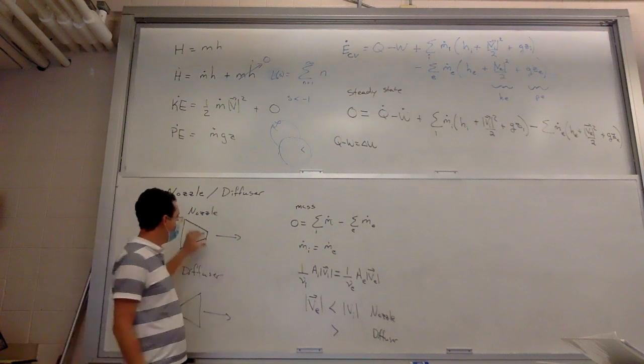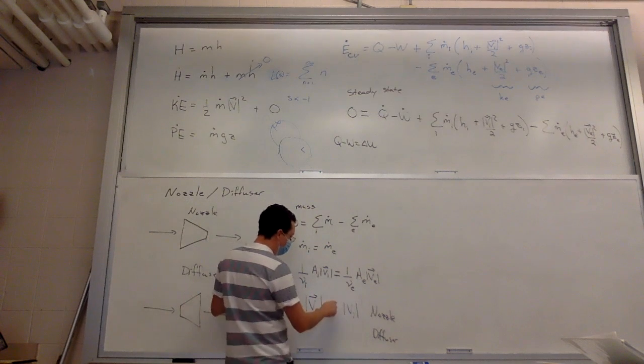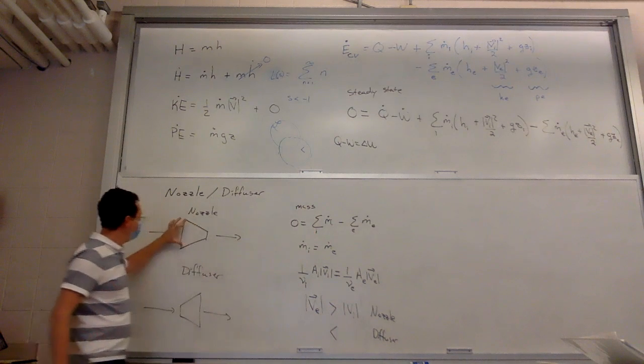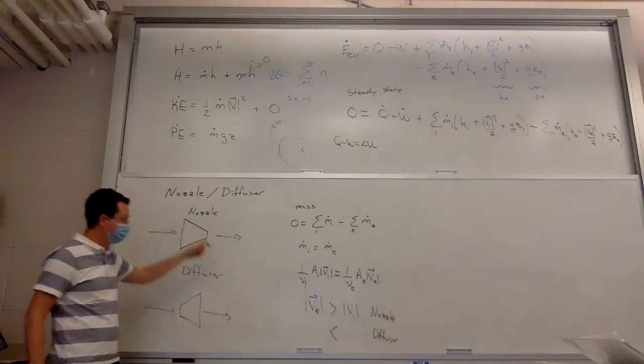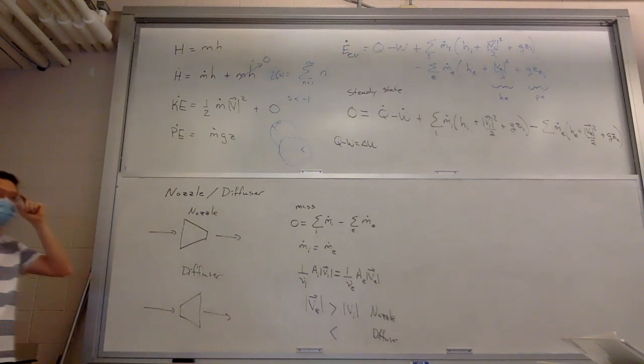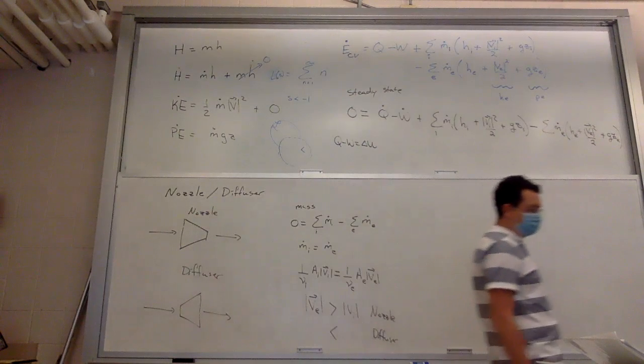Oh, wait, hold on. Maybe I said it wrong. Oh, thank you. Say it again. The area shrinks, so the velocity increases on a nozzle. On a diffuser, it goes the other way. Okay. All right.